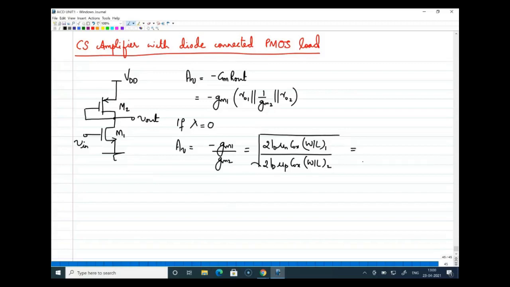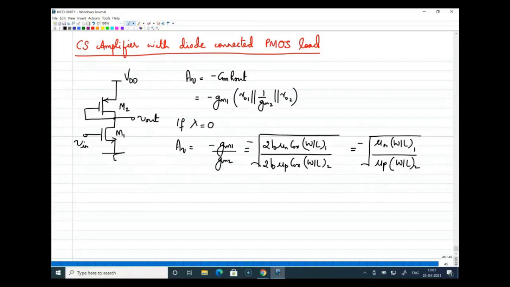So this is equal to minus the square root of, since gm1 and gm2 have separate formulas, 2ID and Cox get cancelled. Since your load and input device are different, you will actually have the terms mu n W by L of 1 divided by mu p W by L of 2, right?